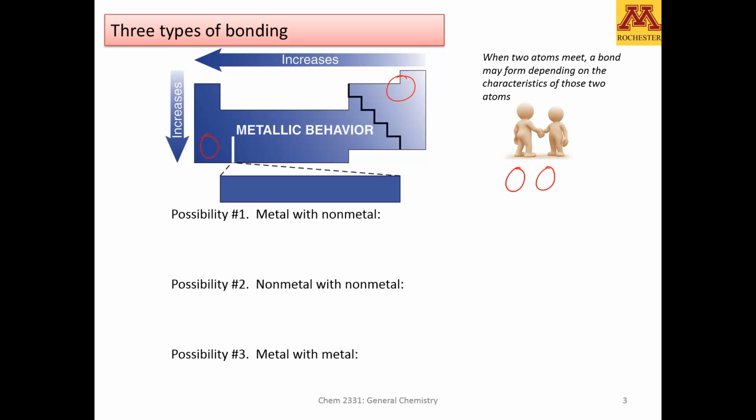Let's remember that nonmetals are highly electronegative, so that means that they will tend to keep their electrons. The metals are mostly more to the left, and the lower you go in the periodic table, the more metallic it will be. They are less electronegative.